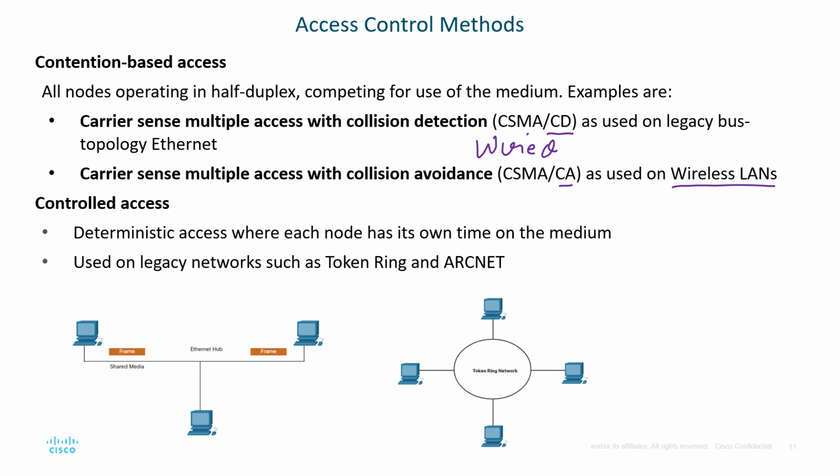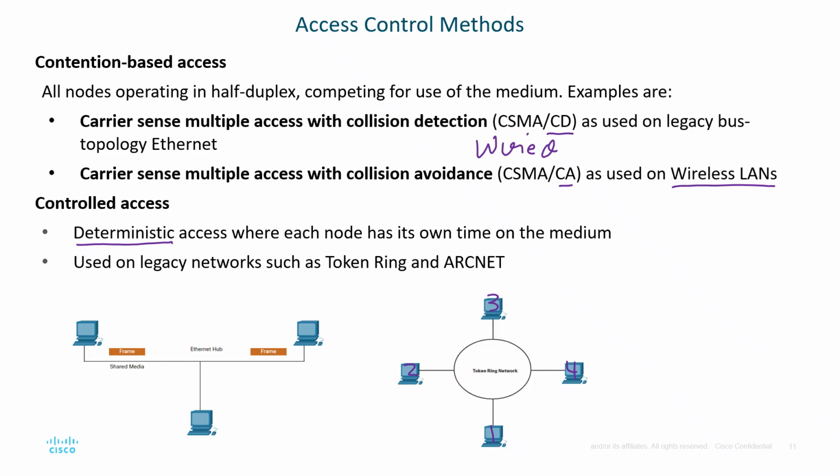Controlled access is what we determine as deterministic. If this is 1, and this is 2, and this is 3, and this is 4, by the very nature of a token ring, it says, while you have the token, you can send information. If I'm talking about a copper connection, my token could simply be the voltage signal that I have.